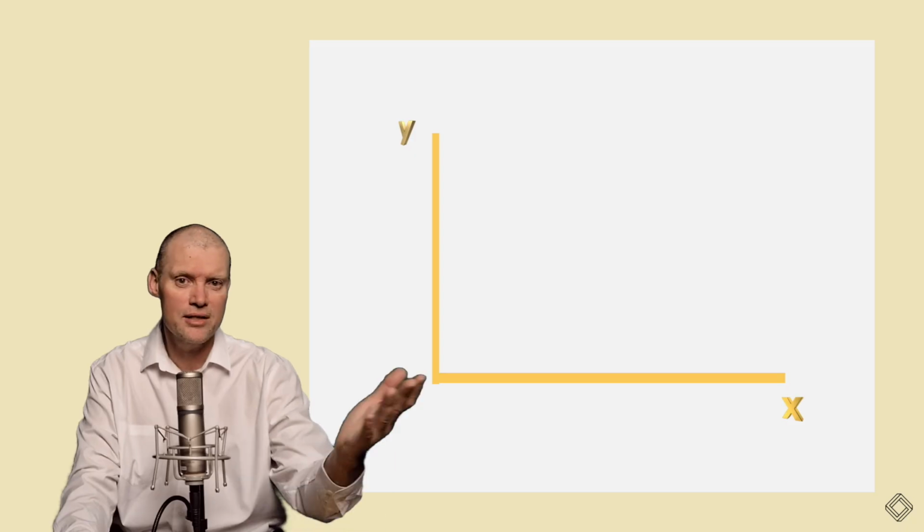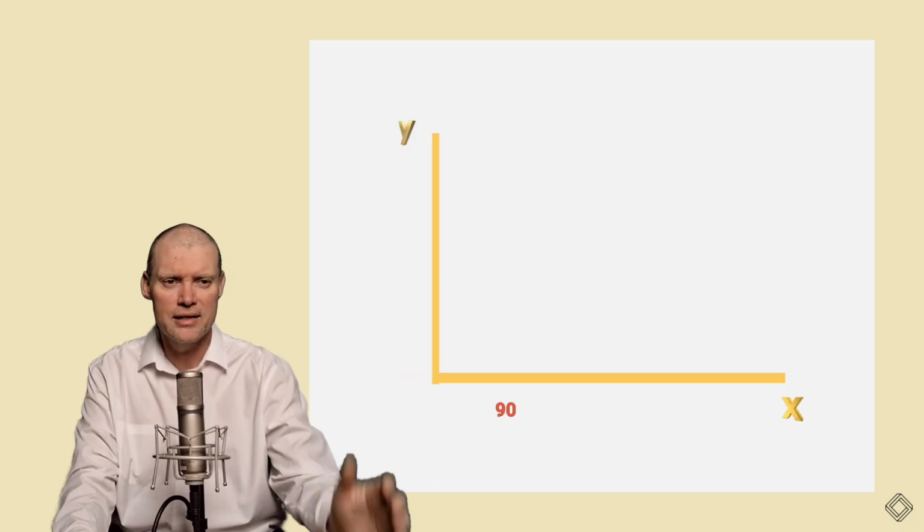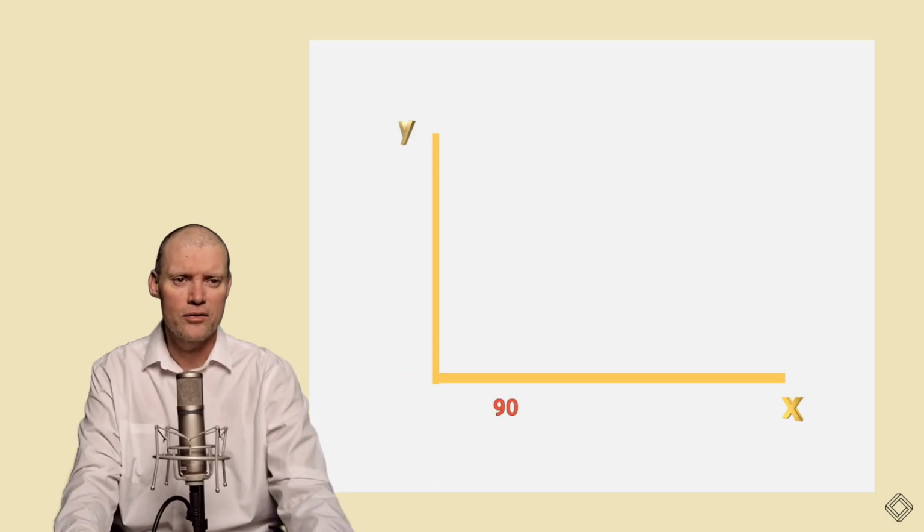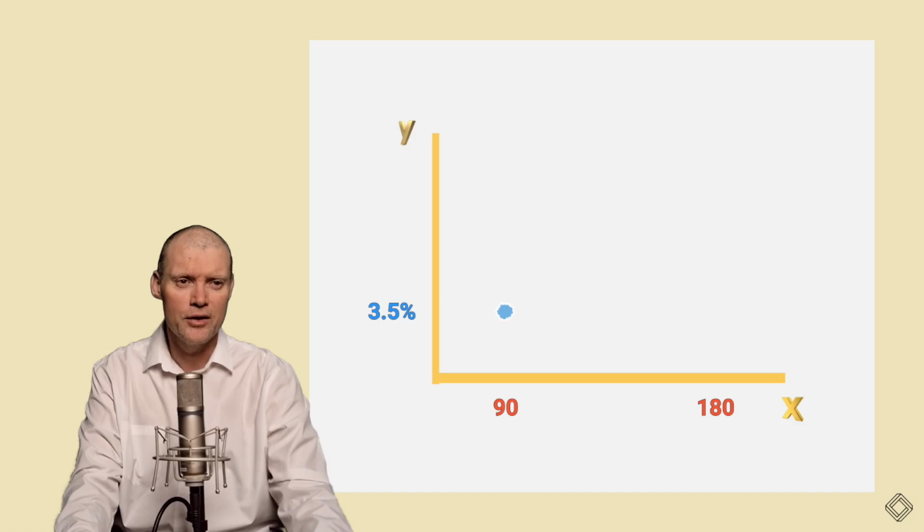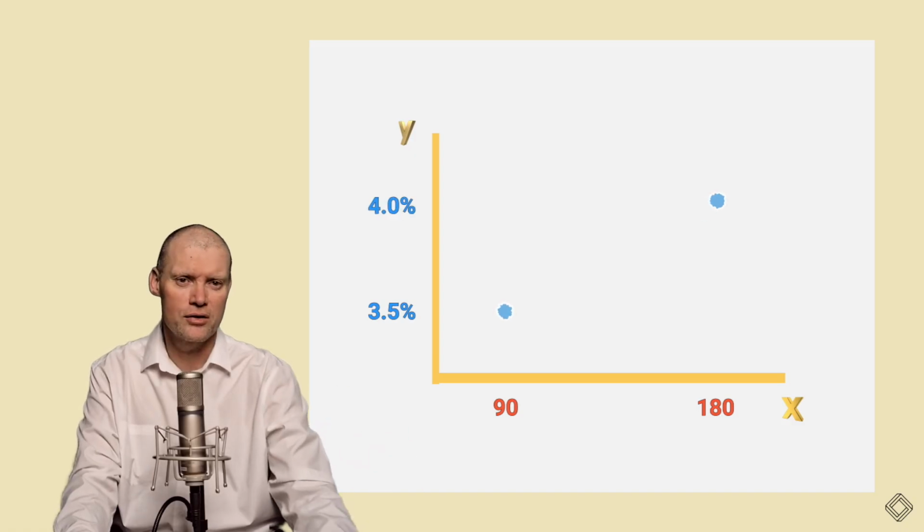It's just two-dimensional plotting. The 90 days interest rate of 3.5% will be one point on this graph, and the 180-day value associated with it, 4%, will form another point on this graph.